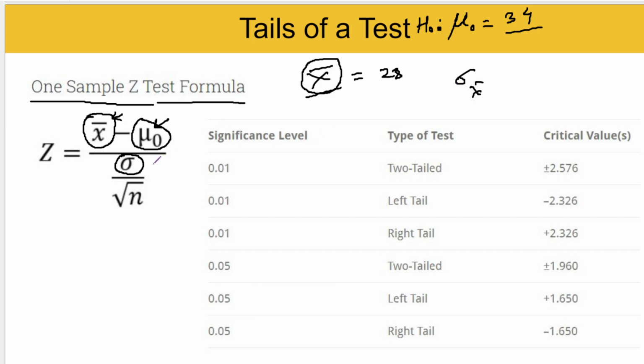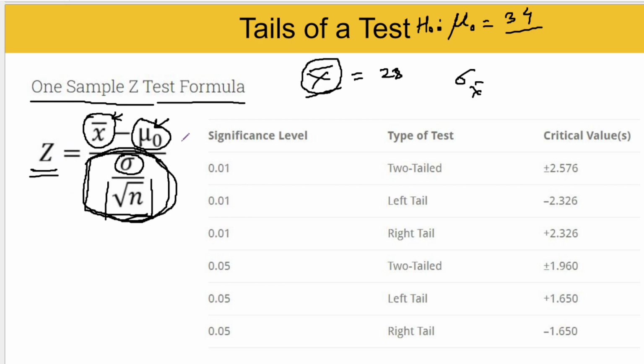Here it has been assumed that you know the population standard deviation, and you divide it by the square root of the number of your observations. This is the formula for standard error, which has been resubstituted in our one sample z-test formula.